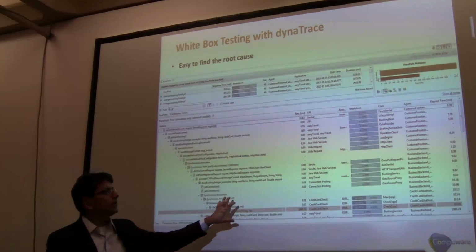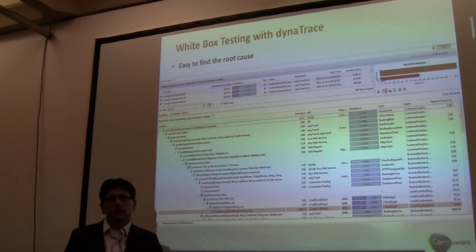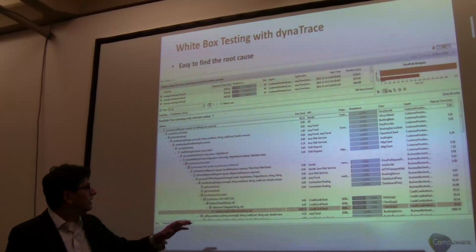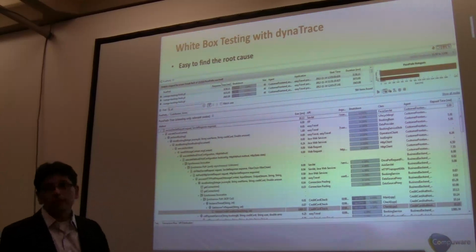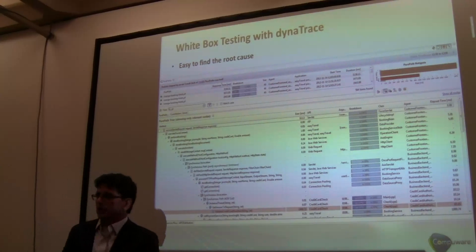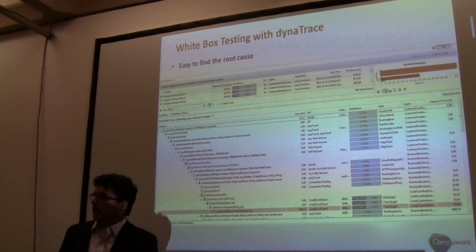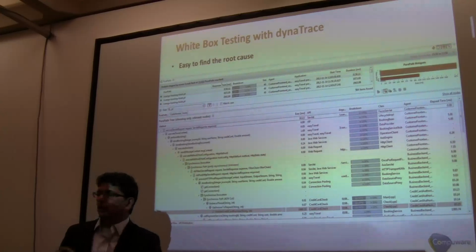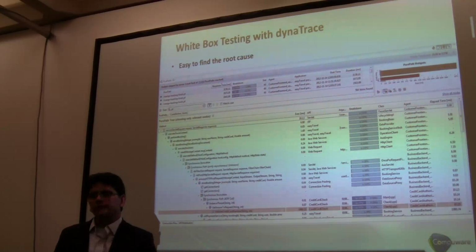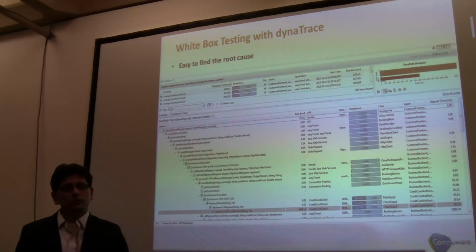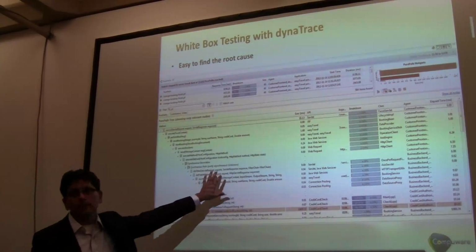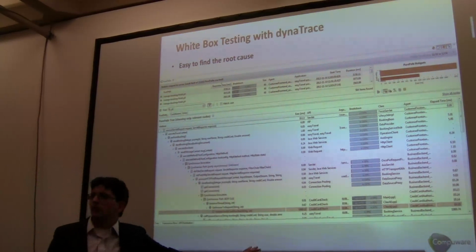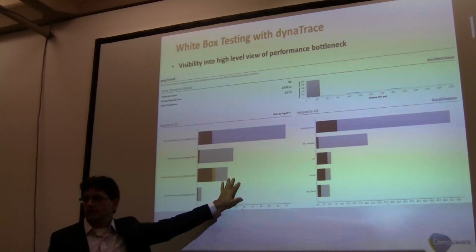I added this just to show you that in Dynatrace, as I mentioned, we are capturing every transaction. So if you are the kind of people who say, I'm not only doing web load testing, but I want to know what data is being captured, which method, which transaction is taking time, this is an example. You can go to this level also, or you can stay at this level.